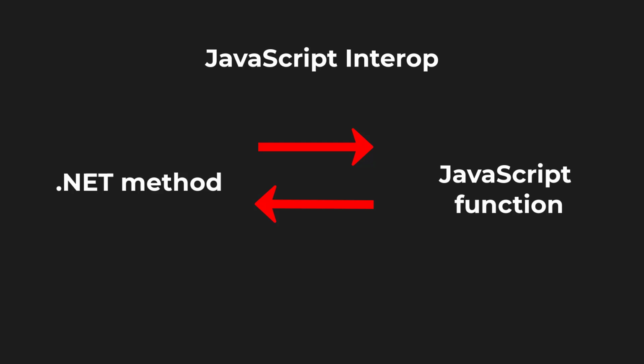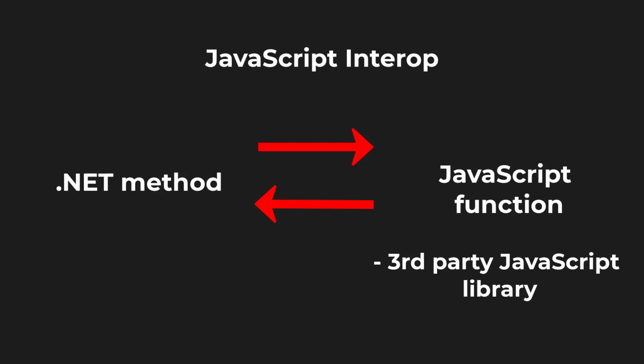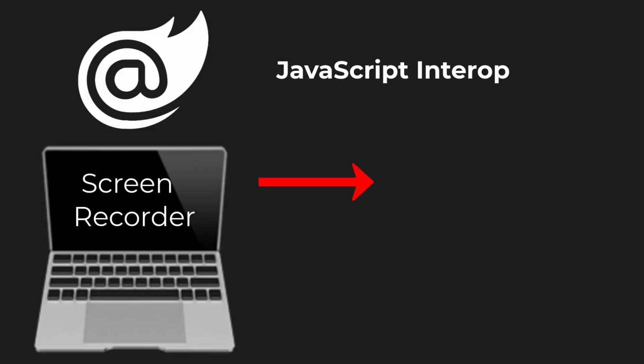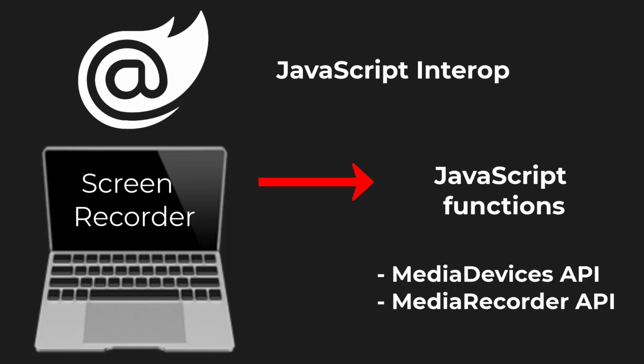This JavaScript function may be present in a third-party JavaScript library whose functionality we want to consume from our Blazor app, or this JavaScript function may wrap a browser API that we want to consume from our Blazor app. So there we have a Blazor screen recorder that uses JavaScript Interop to talk to JavaScript functions that wrap the MediaDevices and the MediaRecorder APIs.